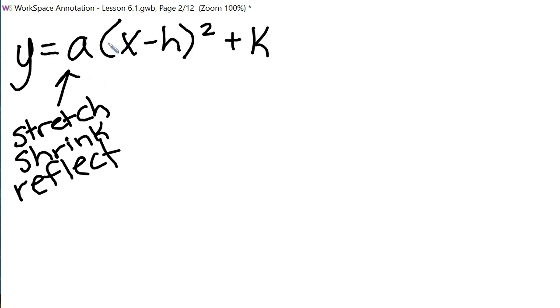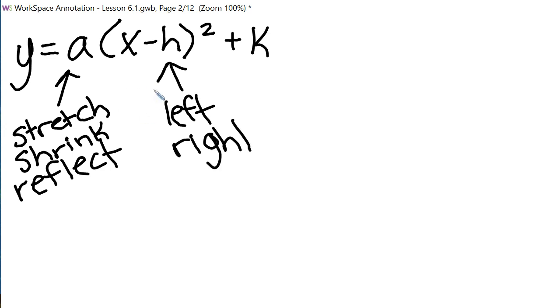And the h stands for horizontal, so the number inside the parentheses moves this left or right. And just like we saw with square root functions and absolute value, if it's inside the parentheses, it does the opposite of what you would think.